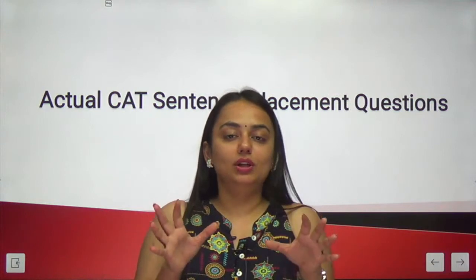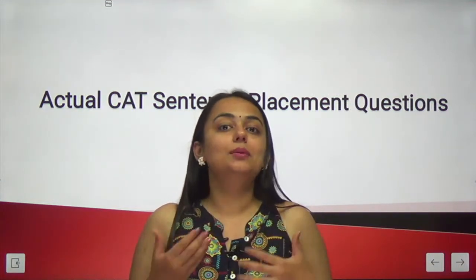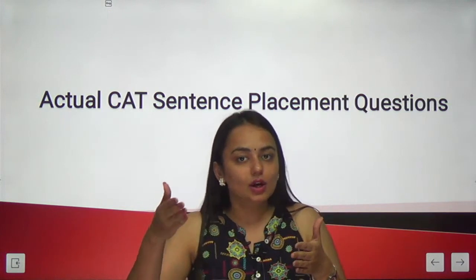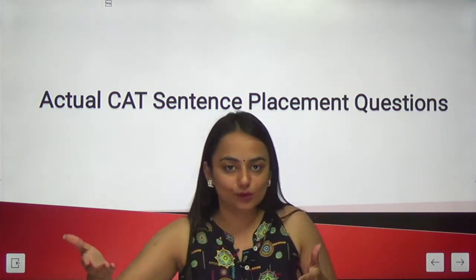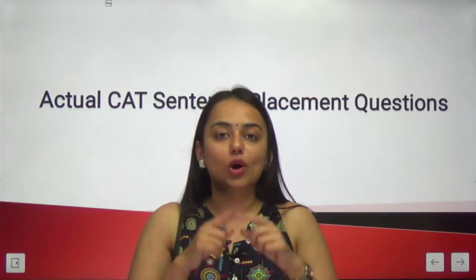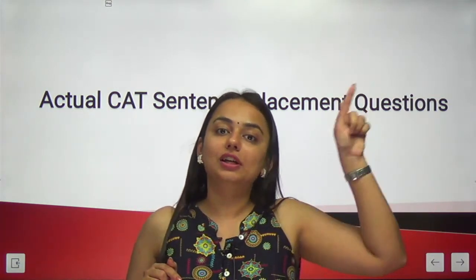It is quite similar to finding the misfit or the odd one out. In odd one out you just removed the one sentence that doesn't gel with the rest of the paragraph. Here you have to find a place where you can fit the given sentence.